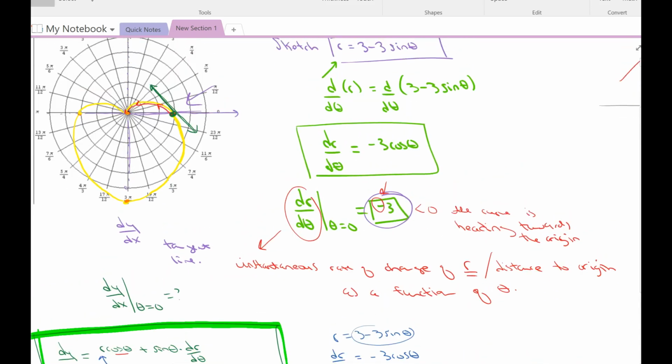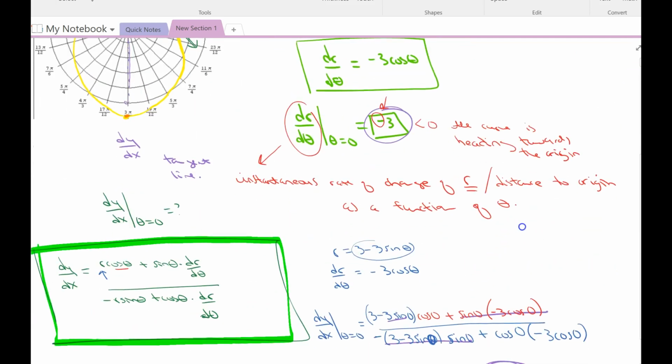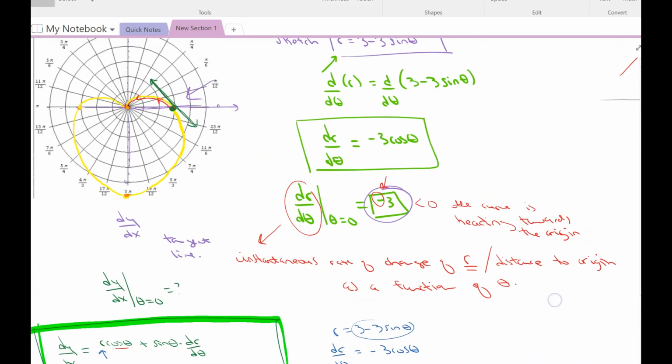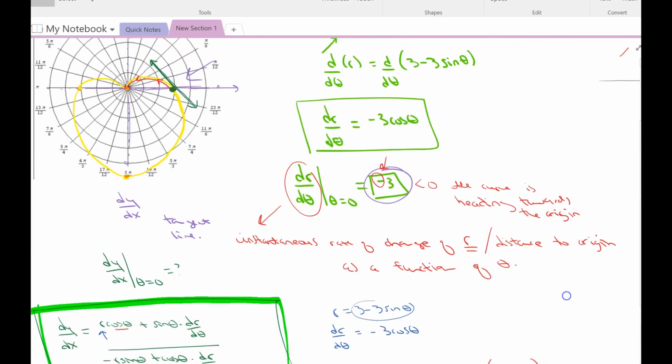How about I ask you this question: for what values of theta does this cardioid have a horizontal tangent line?